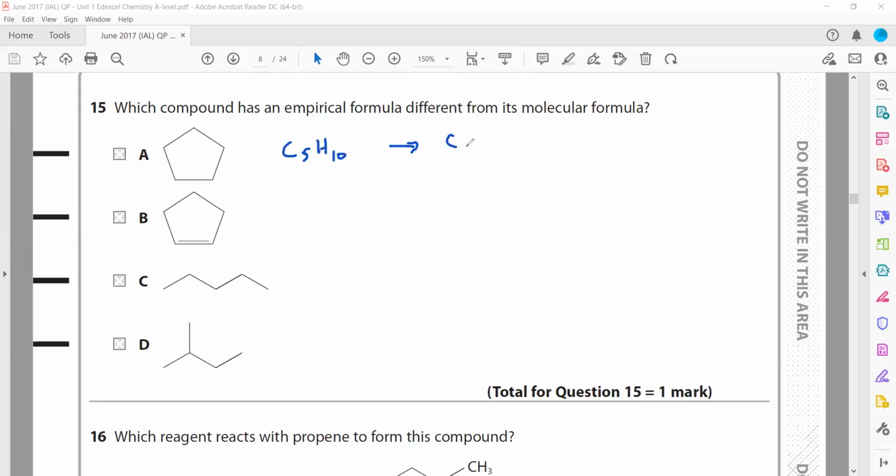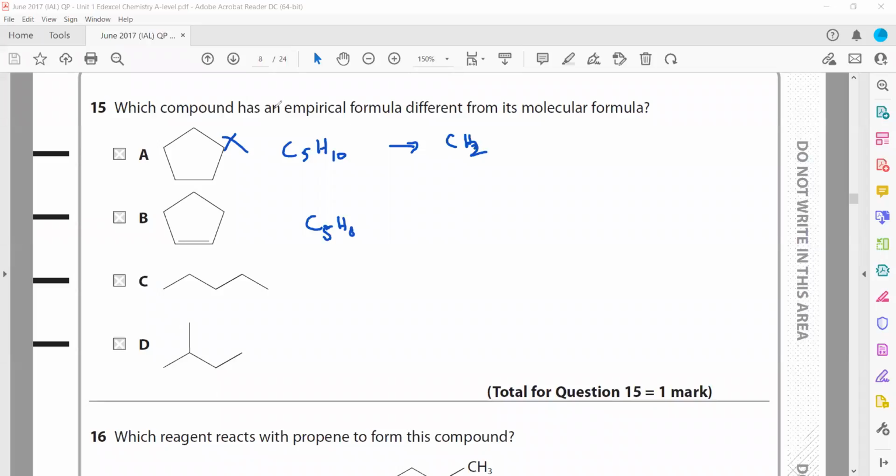Its empirical formula will be CH2, so it does not have the same empirical and molecular formula. For this one, 1, 2, 3, 4, 5, so C5 and two hydrogens are removed, H8.